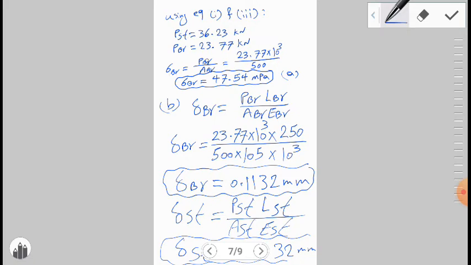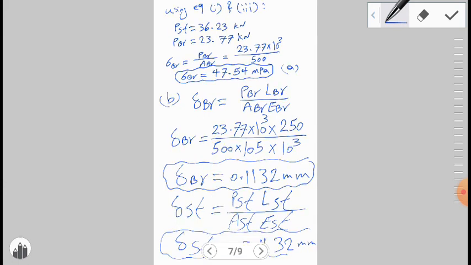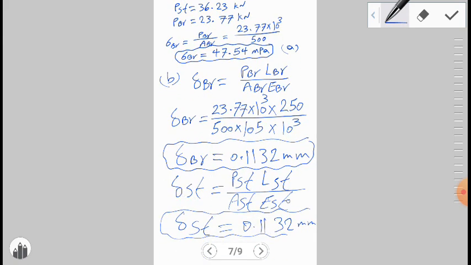Sigma brass is equal to P brass divided by A brass, which is 47.54 MPa. For part B, we need to find the deformation in the assembly. Delta brass is equal to P brass, L brass, A brass, E brass, which is 0.1132 millimeter. And if you calculate the delta steel, you find the same answer. It means that the deformation of the brass and the deformation of the steel are the same.